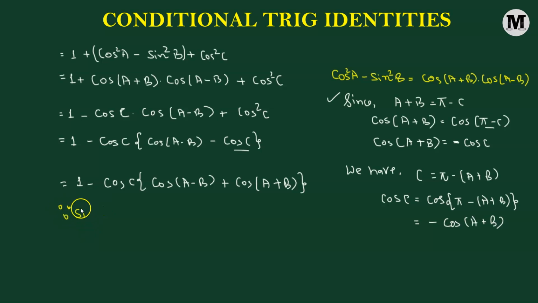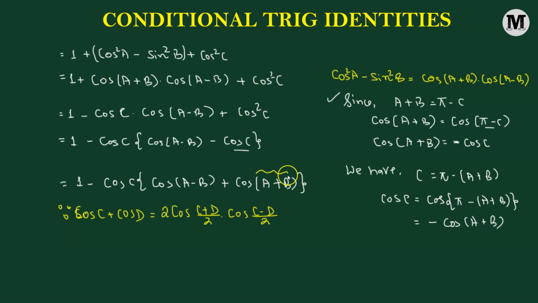If we have cosine of angle C added to cosine of angle D, this is given by 2 times the product of cosine of (C plus D) over 2 multiplied by cosine of (C minus D) over 2.